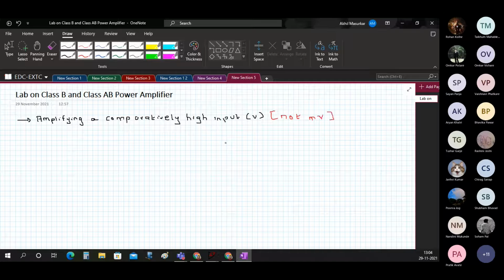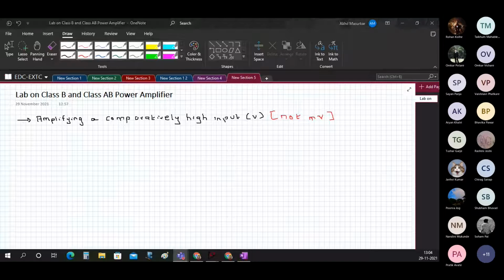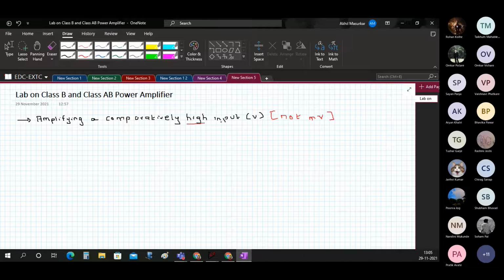Okay, why not in millivolts? Because we have already seen in our introduction to the power amplifiers that the power amplifier is used in the output stage. So some kind of voltage amplification has already happened, and that is why the input is comparatively higher.